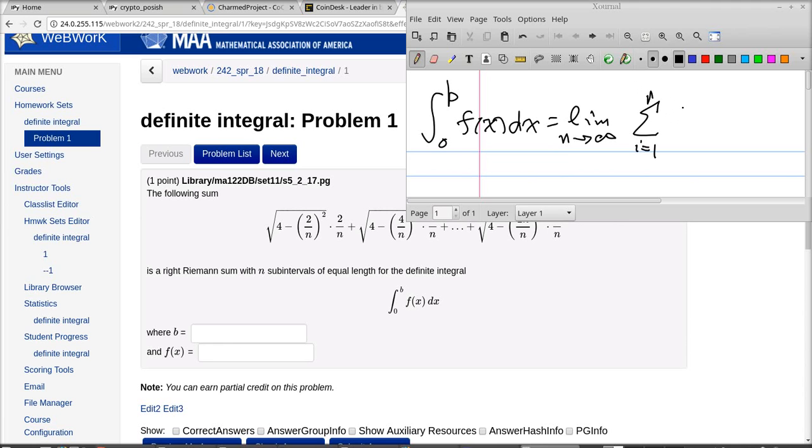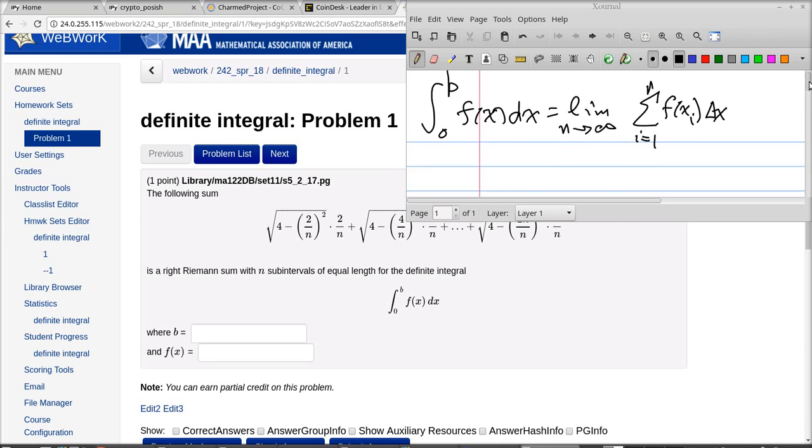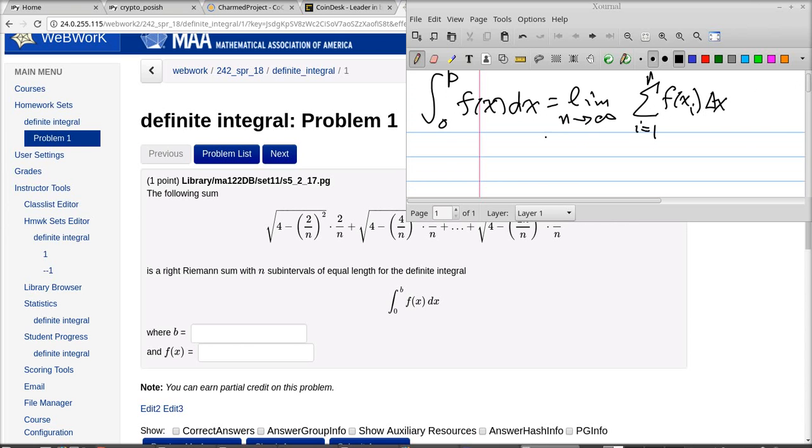It's randomized, so you might have a left-hand sum possibly. In that case, it would go from 0 to n minus 1. And here we have f of xi times delta x. Okay, so let's just look at what's written here.